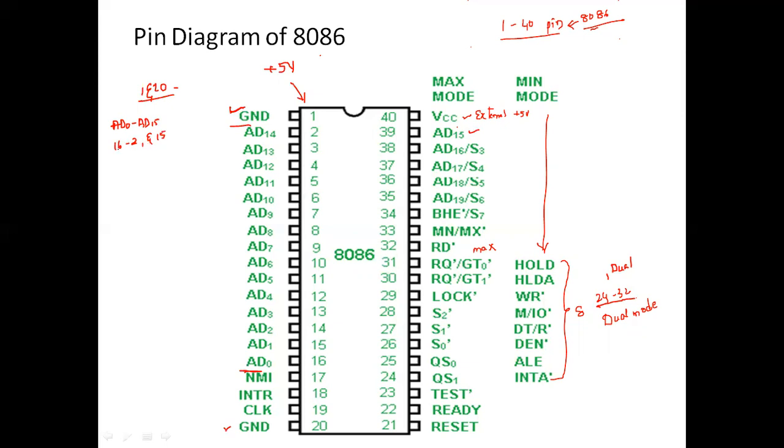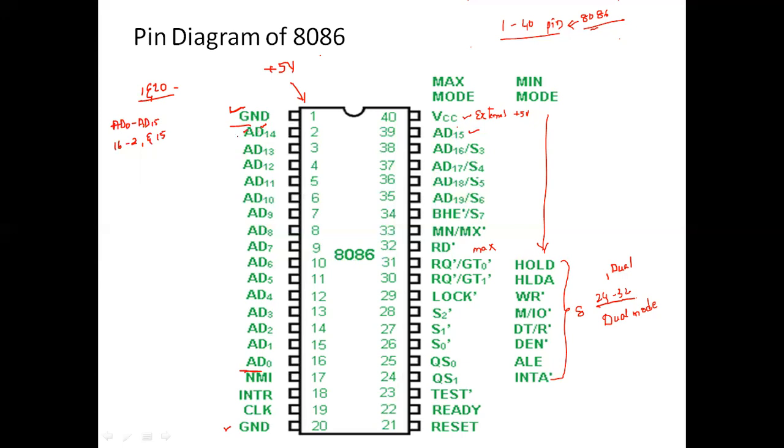These are the multiplexed address and data bus. A stands for address and D stands for data. Instead of providing separate pins for address and separate pins for data bus, the address and data bus have been multiplexed.